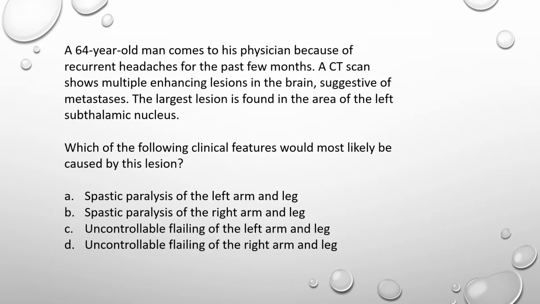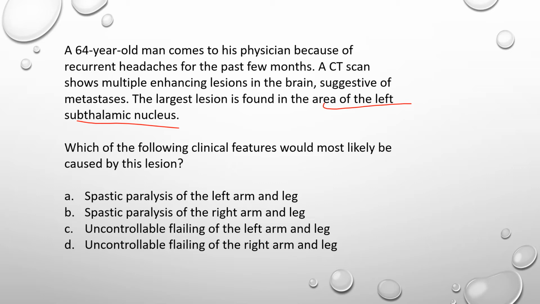Now let us see a clinical scenario. In this, a 64-year-old woman comes to her physician because of recurrent headaches for the past few months. A CT scan shows multiple enhancing lesions in the brain suggestive of metastasis. The largest lesion is found in the area of the left subthalamic nucleus. So the lesion is in the left subthalamic nucleus. Which of the following features would likely be caused by this lesion?